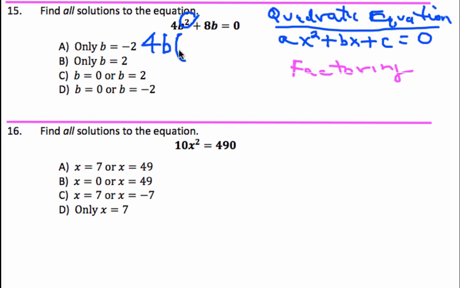So what do we need to multiply the 4b by to get 4b squared? b. And then what do we need to multiply 4b by to get 8b? 2. So if we check it, we see that we have 4b squared plus 8b equals 0. Let me just write over here that this is the GCF.